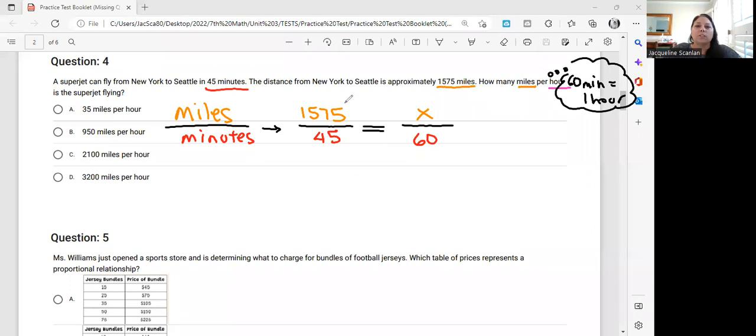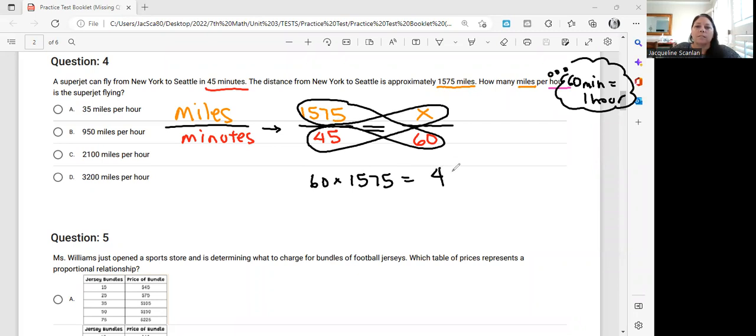All right, so the other strategy, like I've said, is to cross multiply. So I'm going to do 60 times 1,575, and then I'm going to do 45 times x. 1,575 times 60 equals 94,500.